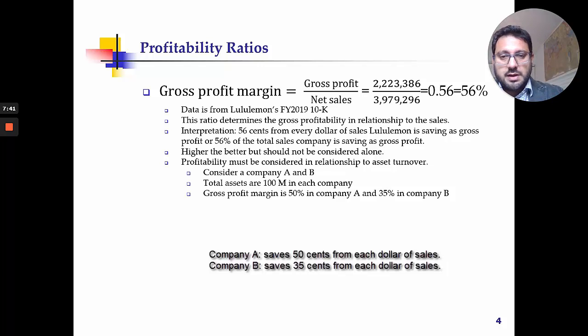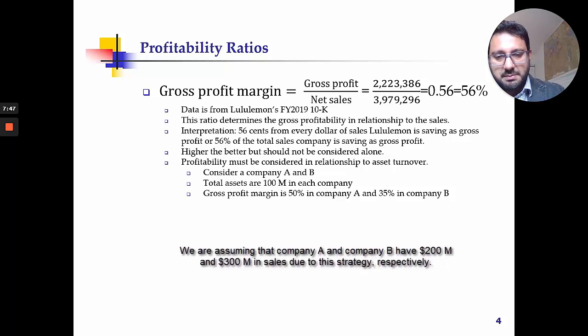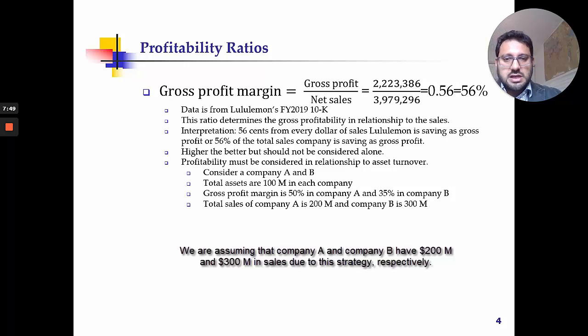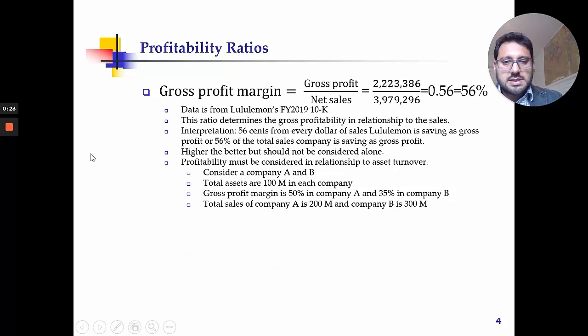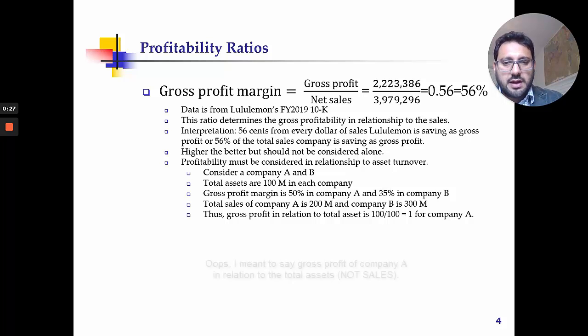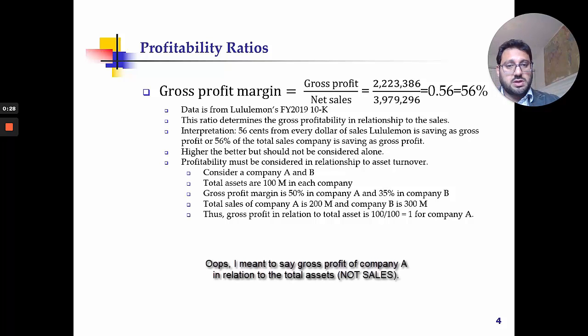Now, because of this strategy, might be company A has less sales and company B has more sales. So the total sales for company A is now, say, 200 million, and company B is 300 million. So this will lead us to a situation where we look at the gross profit in relation to total sales.